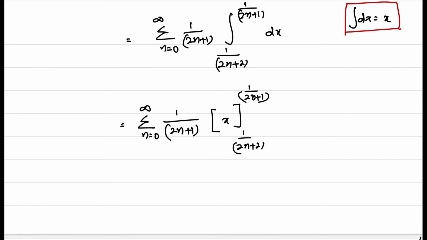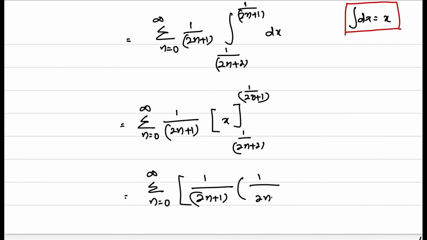That means we have integrated and we got the value in terms of n. That is equal to sigma n equals 0 to infinity, 1 by 2n plus 1 into 1 by 2n plus 1 minus 1 by 2n plus 2. Do you agree? Upper limit and lower limit I have applied.